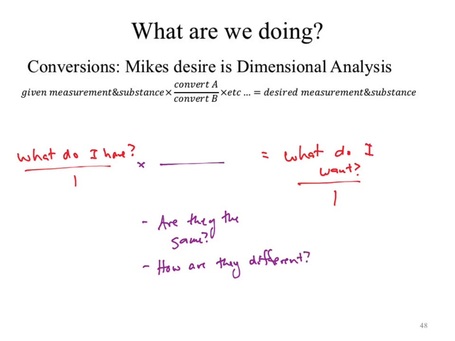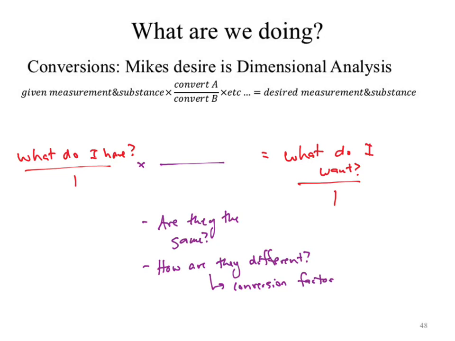Once we know how they are different, we now have a place to go, because that how are they different now sets us up for a conversion factor. Okay. And depending on the difference, be it the substance or the measurement, we're going to have a different pathway to go through. Because the substance is a much narrower range where you can convert, there's only one place you can convert a substance, okay?